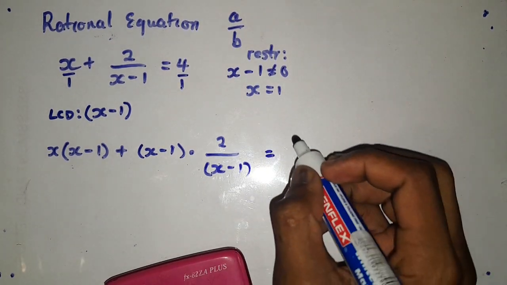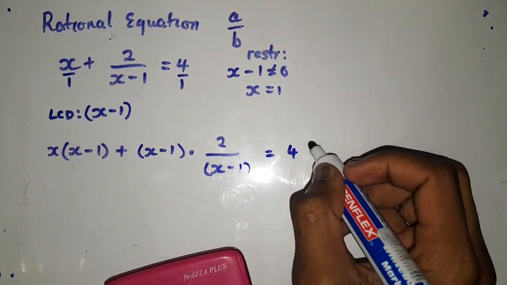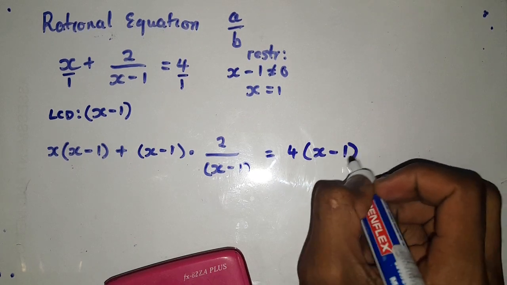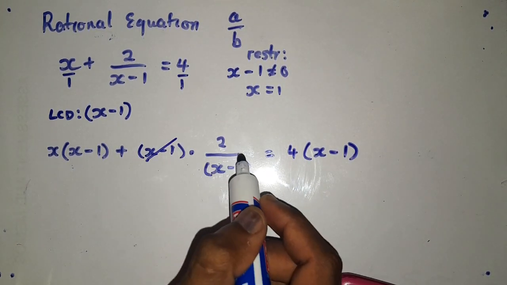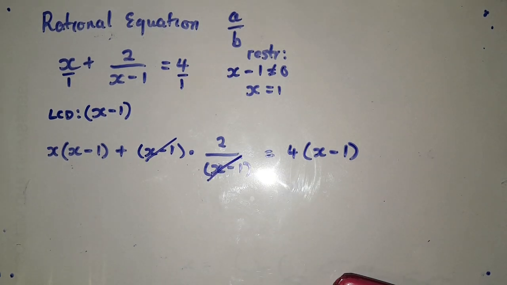Then the same applies to this side: we have 4, let us multiply by x minus 1. From this one, it is clear that this factor is going to cancel with this one.